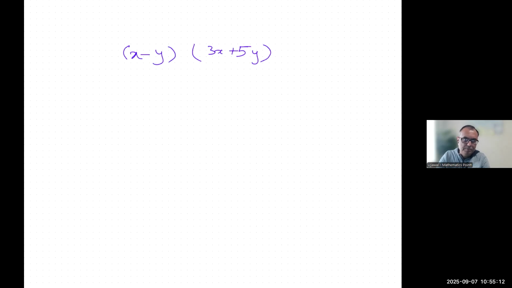All right, let's do it. First term x being multiplied here. So x times 3x, then being multiplied here, x with a positive 5y makes it x times 5y.